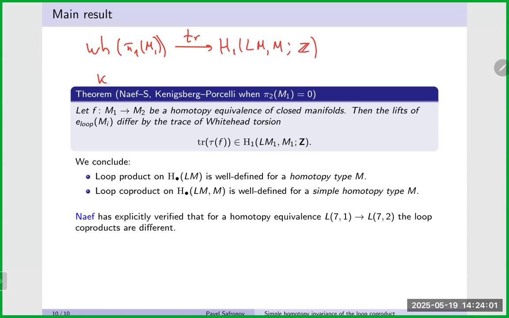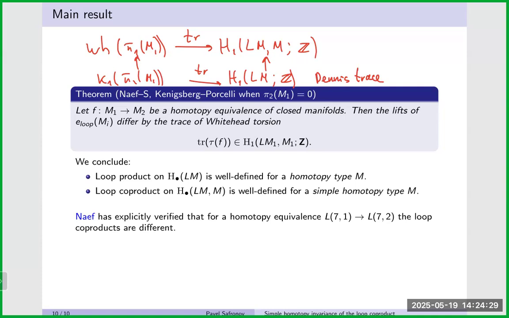There's a lift of this, a Dennis trace map to homology of the loop space. So if you have a class in the Whitehead group and you take its trace, you get a class in homology of loop space relative to constant loops.